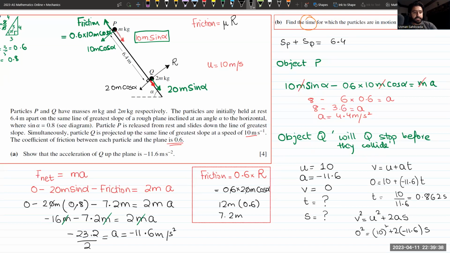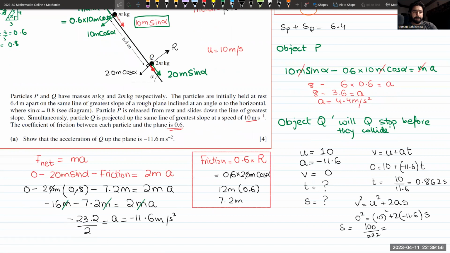This gets us the value for the distance, which is 100 divided by whatever that 2 times 11.6 gets us, which was 23.2, I believe. 23.2. So how much distance is this? The answer is 4.3 meters.